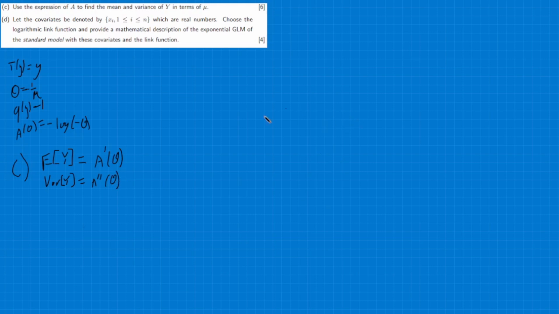We know that a of theta equals minus log of minus theta, and we know that this theta is minus 1 over mu.